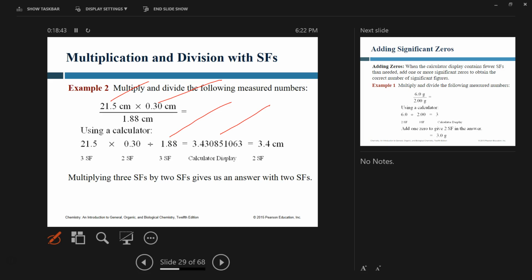And if you have a really big calculator, it may give you even more digits. Doesn't matter. How many significant figures are you supposed to have in the end? 2. That's your answer. Does that make sense to you? Okay, we're good?